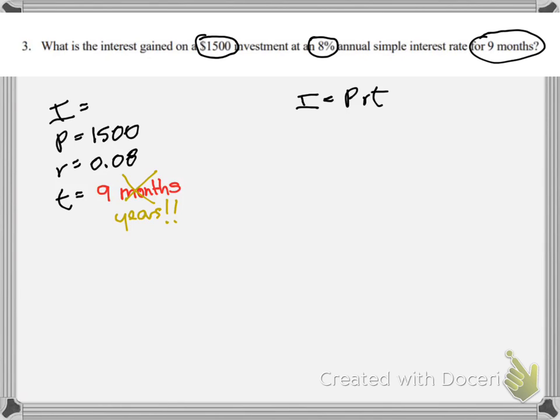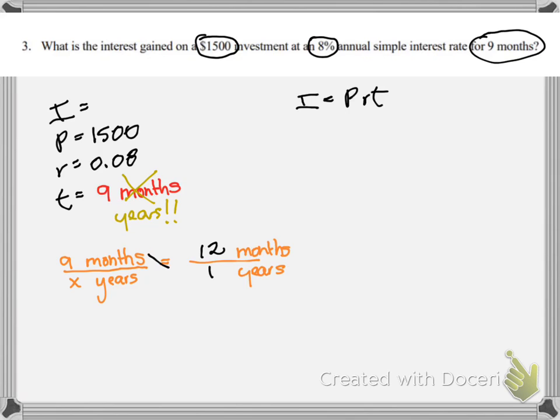Okay, so we're going to have to do a little bit of work here to convert 9 months to years. So if you recall from a previous part of this section, we can use our unit conversion. So we want 9 months, and we want it to become a certain number of years. And remember over here, we make sure that the units are the same on the top and the bottom. So most people know that there are 12 months in 1 year.